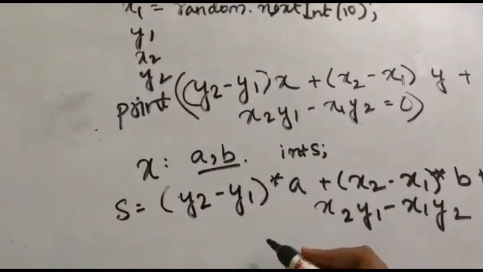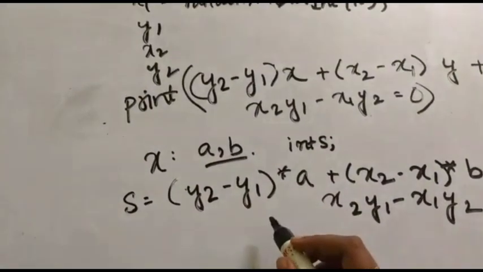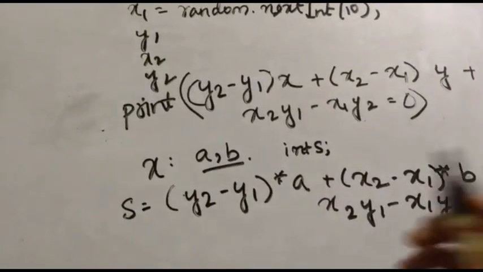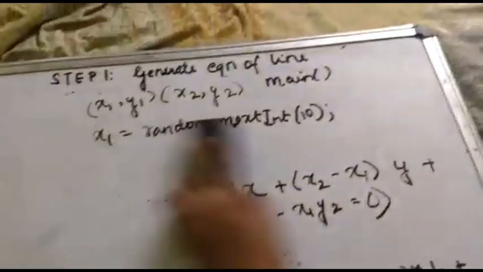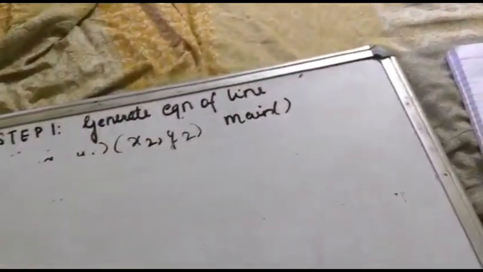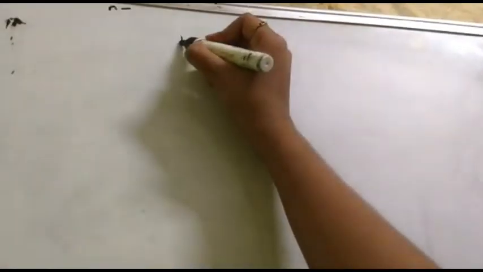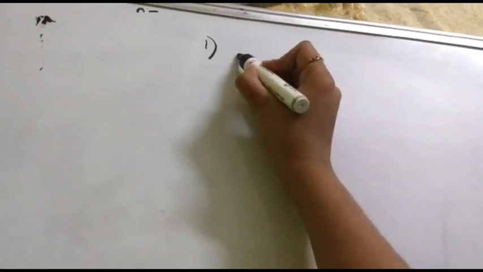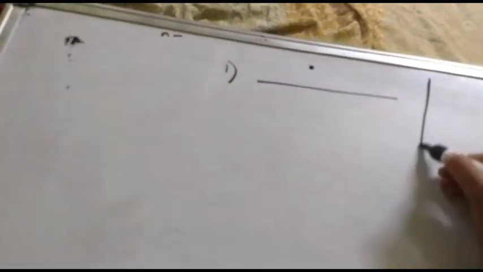It is very simple. Now we have 3 test cases or 3 conditions. So these test cases are, number 1, like this is the line and the point is lying above it, or this is the line and the point is lying on the right side of it, any case, any quadrant.